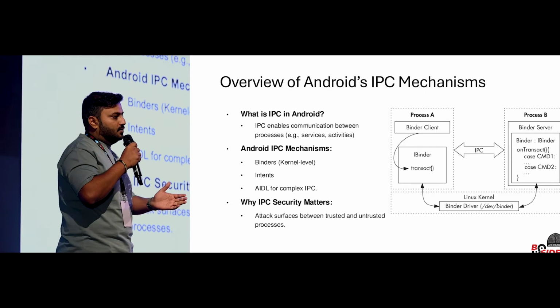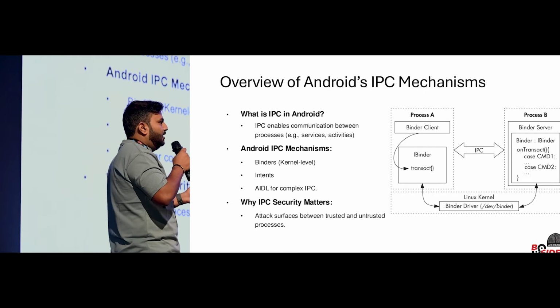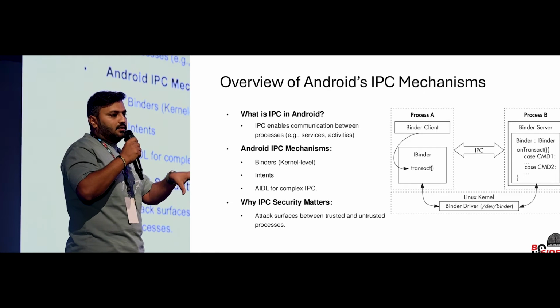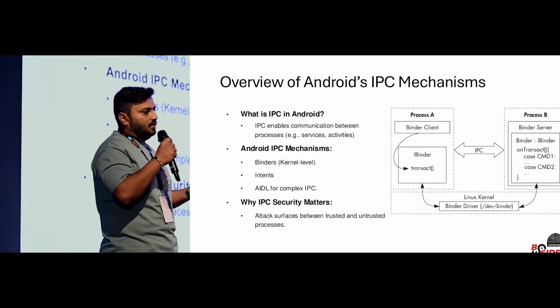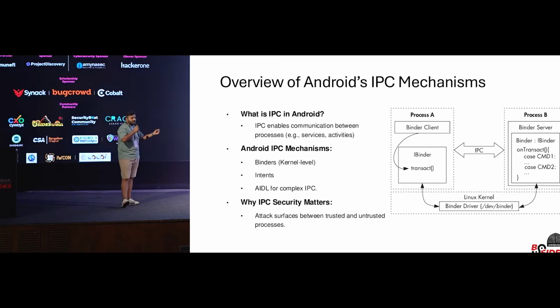So the services are exposed inside an operating system, and anybody residing on the operating system, that could be third-party apps, malicious apps, or even malicious services, can directly invoke those IPCs and cause a lot of havoc. That includes process hijacking, manipulation of data, and even capturing or stealing of data in some cases.